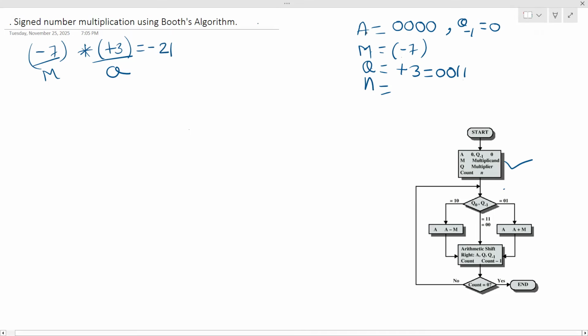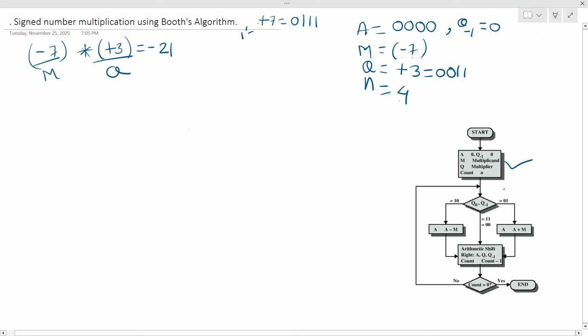Now, the count n will be equal to 4, which is the number of bits used to represent a, m, and q. Now, how to represent m? We know +7 in binary is 0111. But m is -7, so how to represent -7? -7 is represented in 2's complement form.